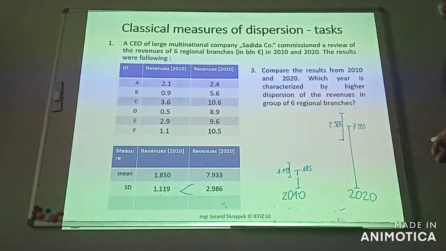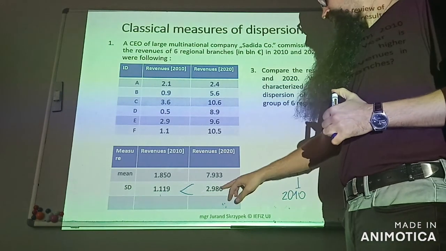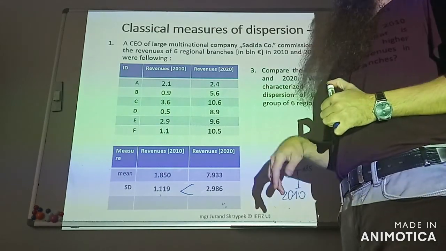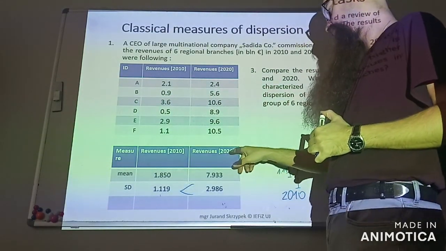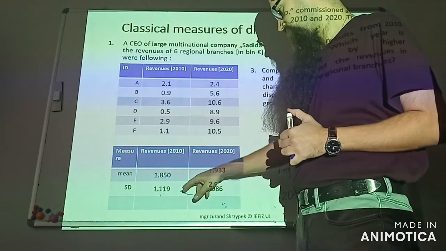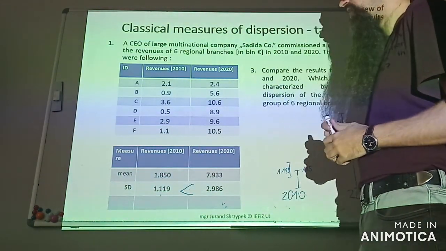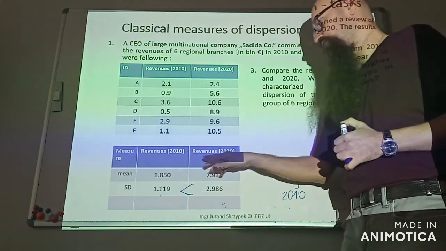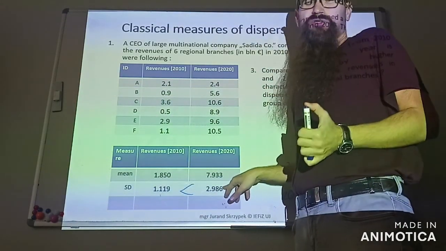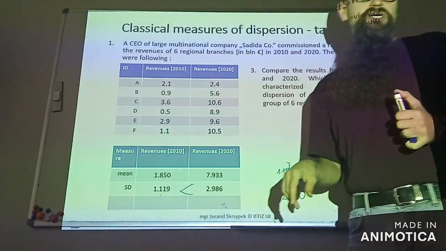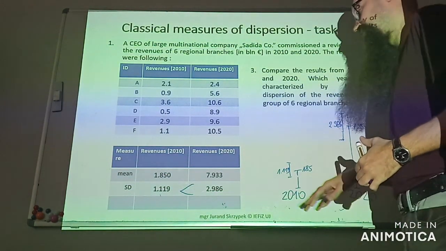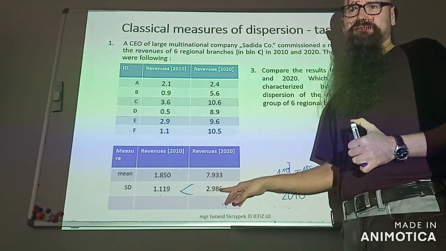We can perceive that the dispersion of the revenues, the average deviation of the revenue values in 2020, is significantly higher than the average deviation of the revenue values from 2010. Yeah? It's almost 3 times higher. So we could say that here we are dealing with the higher dispersion.